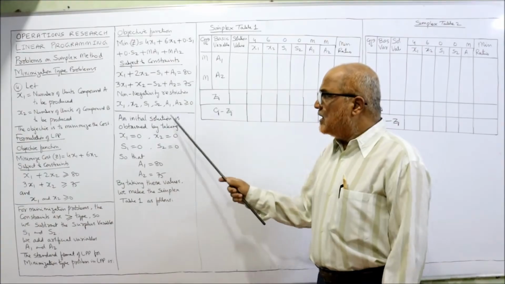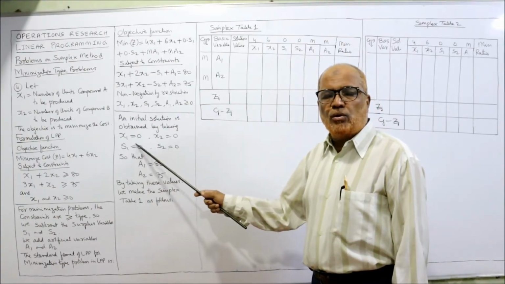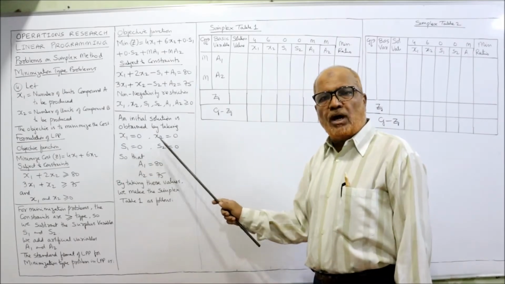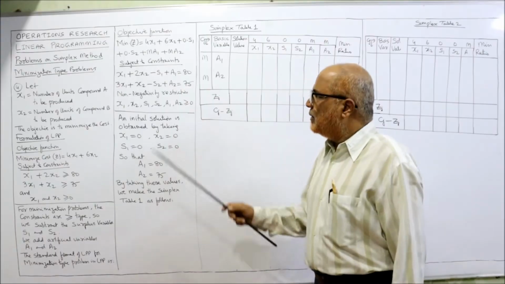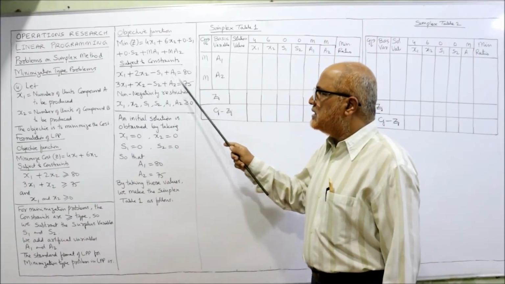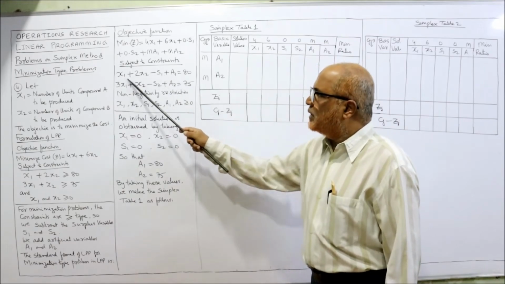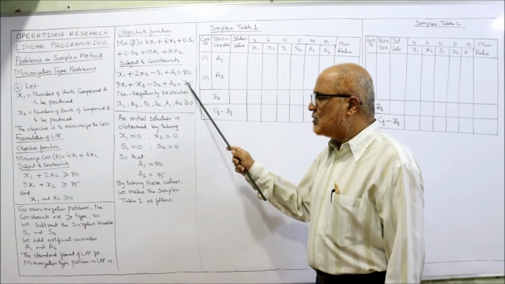Now, an initial solution is obtained by taking x1 equal to 0, x2 equal to 0, S1 equal to 0 and S2 also equal to 0. Then ultimately what will remain? A1 is equal to 80 and A2 is equal to 75, because all the other values become zero.